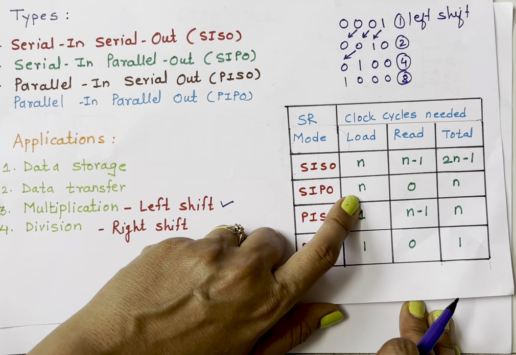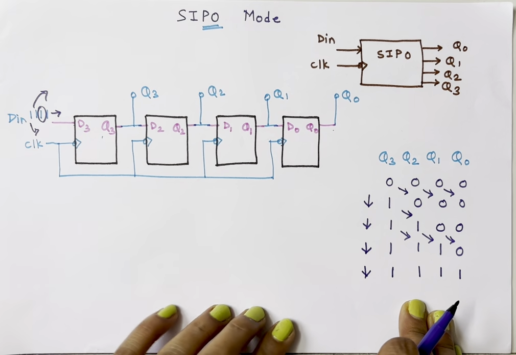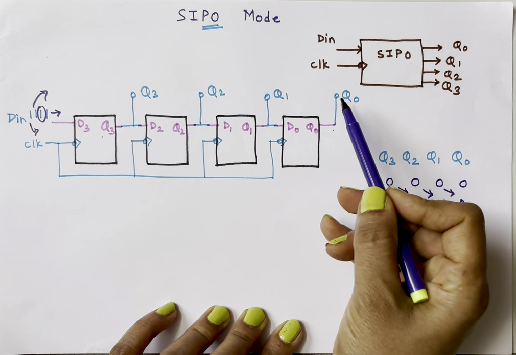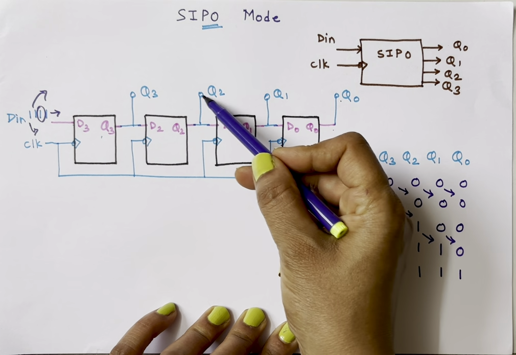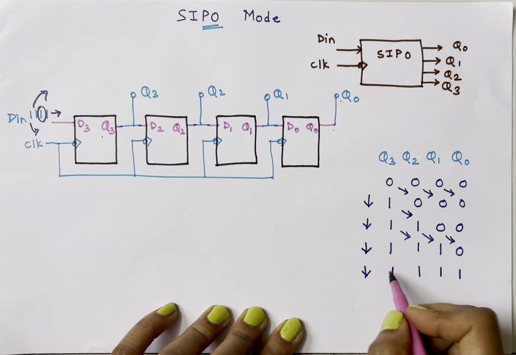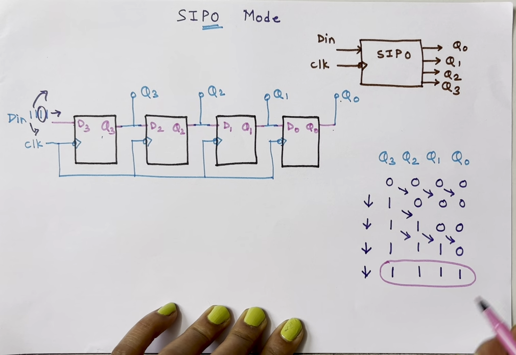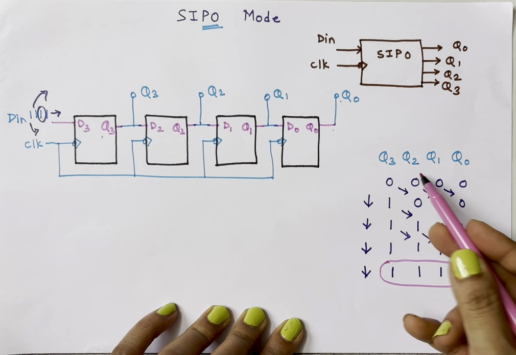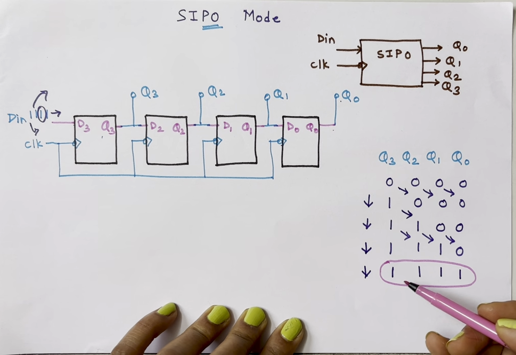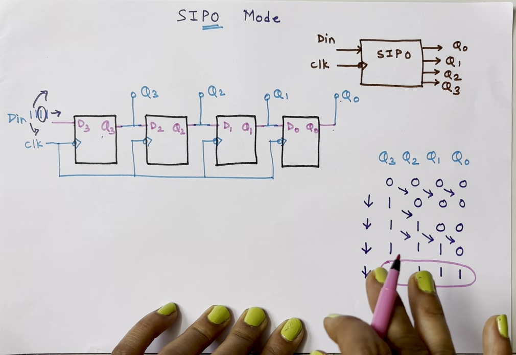And for reading, I need 0 clock cycles, because see here, now all 4 outputs, Q0, Q1, Q2, Q3 are available. You can read your output here. You already got the output: Q0 is 1, Q1 is 1, Q2 is 1, Q3 is 1. So no extra clock cycle is needed to read the data.